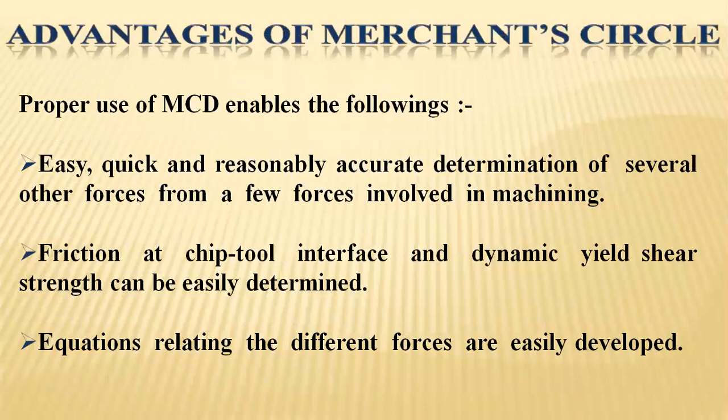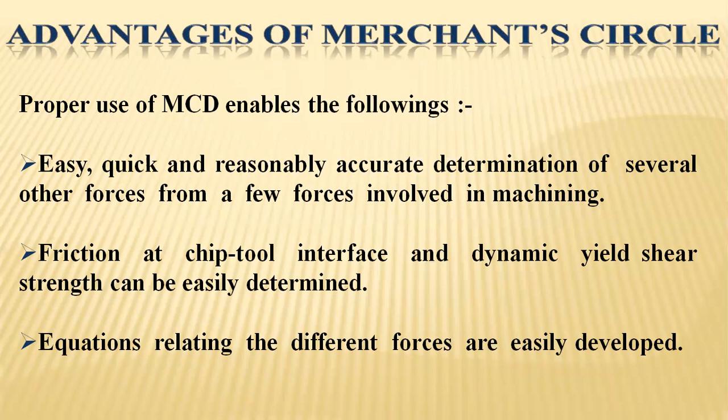Coming to the basic advantages of this Merchant circle diagram, it is an easy, quick, and reasonably accurate determination of several forces such as cutting forces, thrust forces, normal forces, and shear forces, and the cutting directional forces can also be clearly examined, along with the inclinations, that is the cutting angle, thrust angle, and frictional angle.